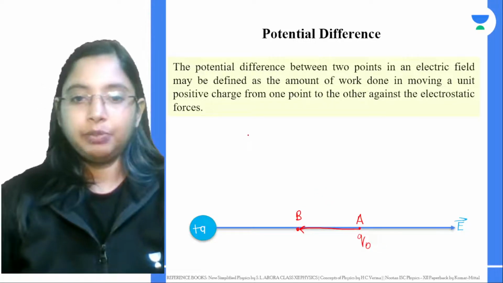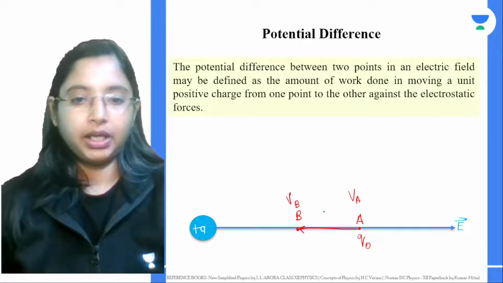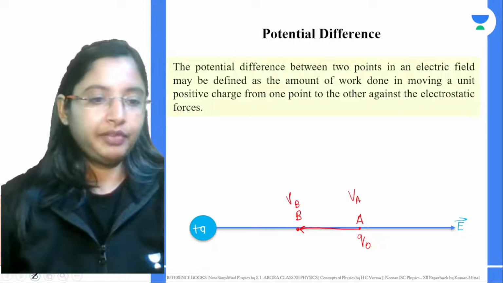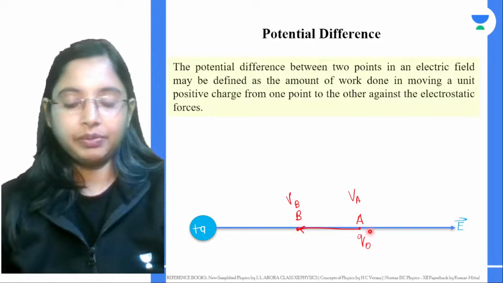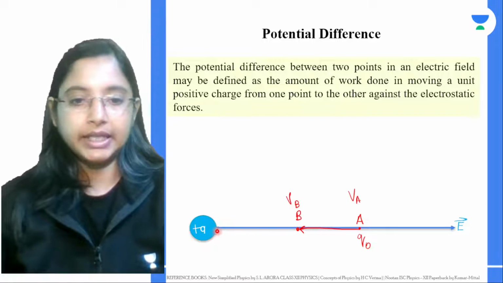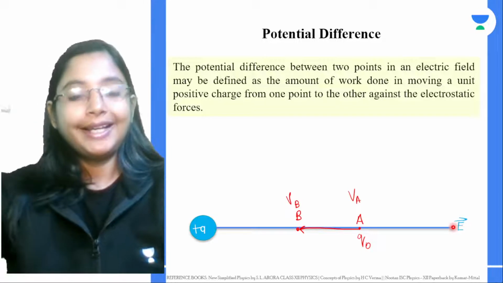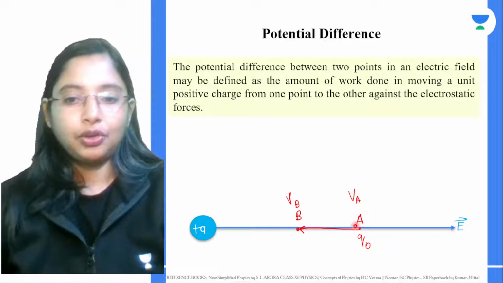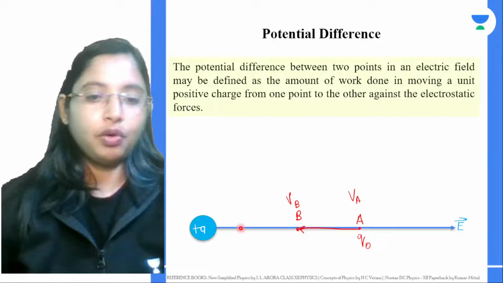Now, at this place there will be a potential VA, and let's say this is potential VB. Why? Very simple. As the distance increases, the intensity of the field line drops. So at this point VB, we may require more force to push it.